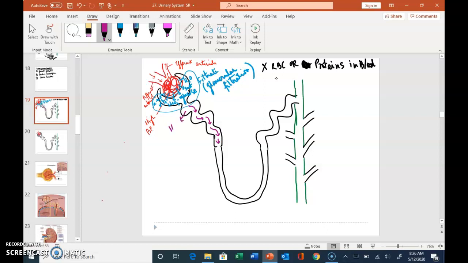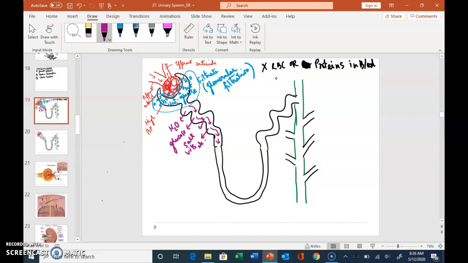For example, water gets reabsorbed back, glucose gets reabsorbed back, a lot of salt gets reabsorbed back, some ions, a little bit of vitamins get reabsorbed back, etc.